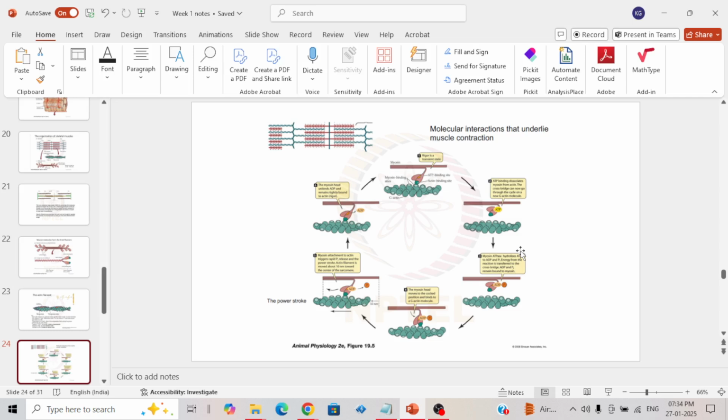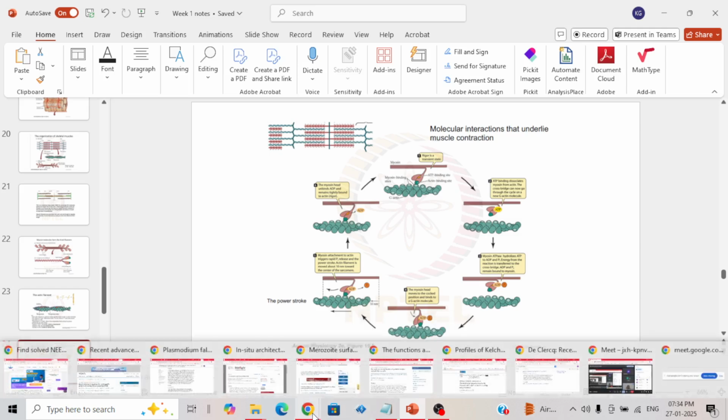ATPase will break this ATP into ADP plus inorganic phosphate. When this ADP and inorganic phosphate are formed, the energy is released, which is taken up by this myosin head, and it will bind to this G actin, or we will say actin filament, in the myosin binding site.